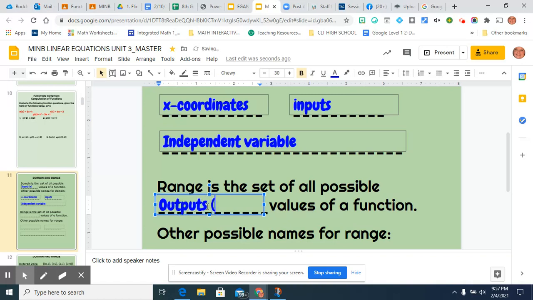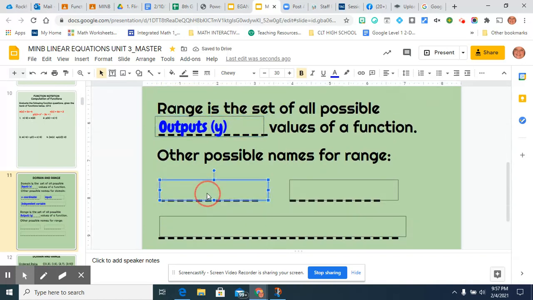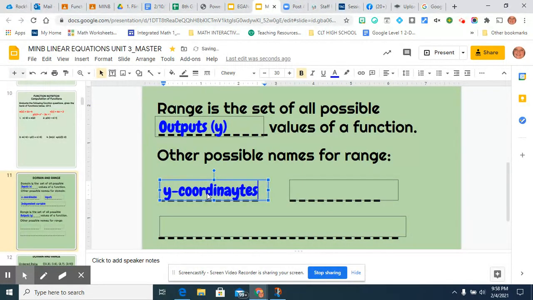Or the opposite of X value would be the Y value, or the Y coordinate. So other possible names for it will be the Y coordinates, outputs. An opposite of independent would be dependent variable.